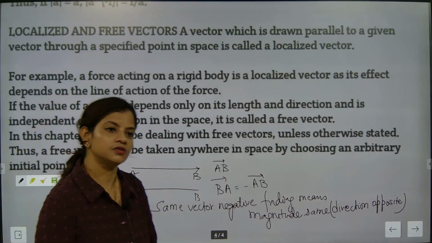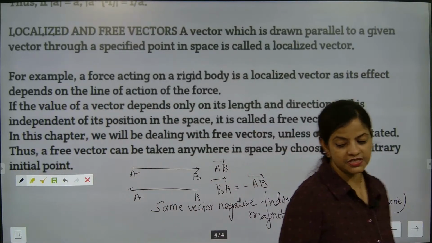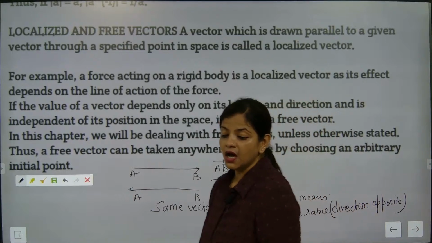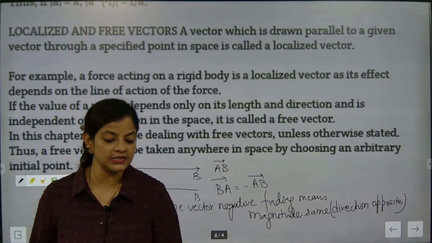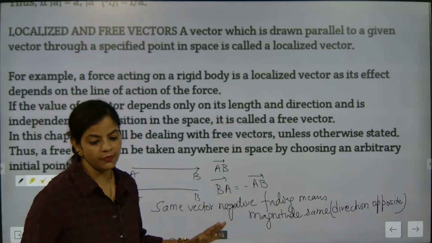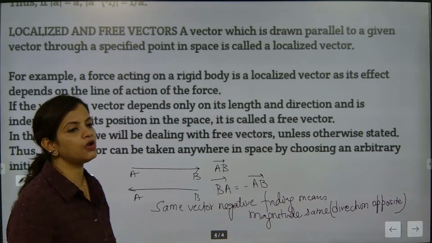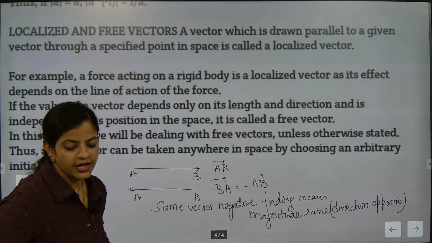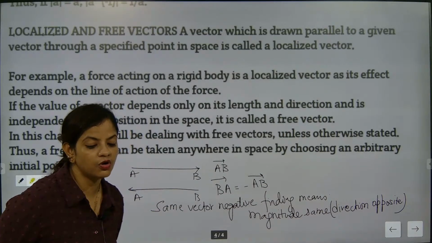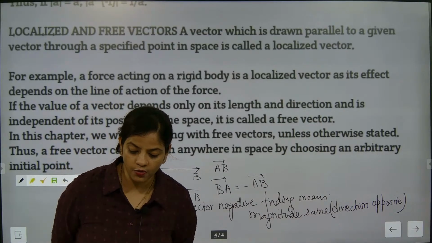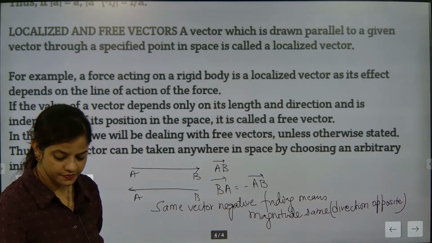Direction opposite. Got it? So magnitude will be same and direction will be opposite. This is considered as the negative of a vector. So the negative of a vector will always be drawn opposite to it. I hope you have understood this one.